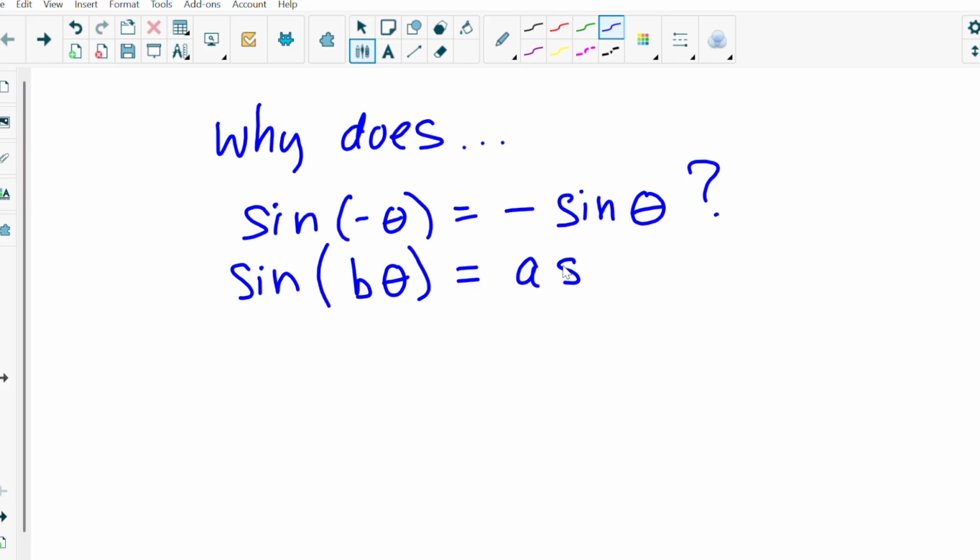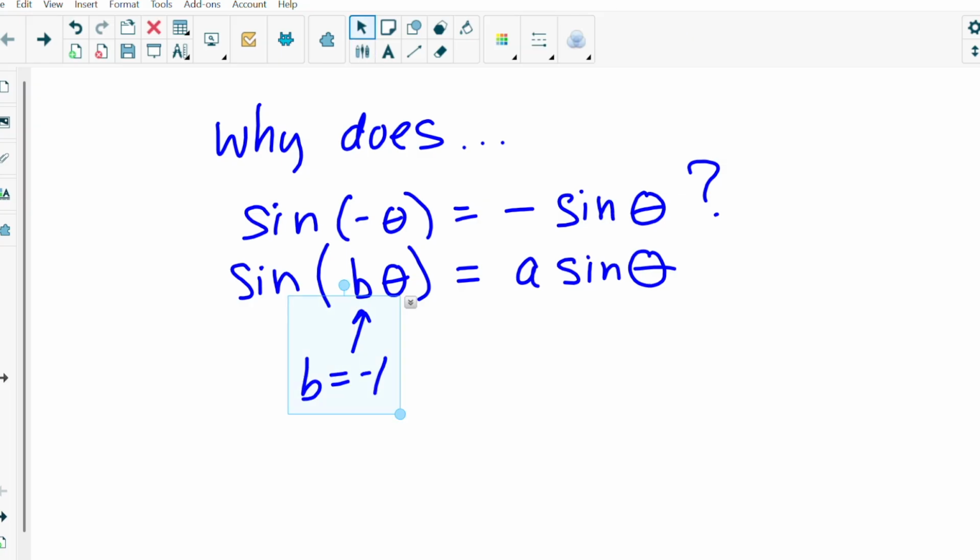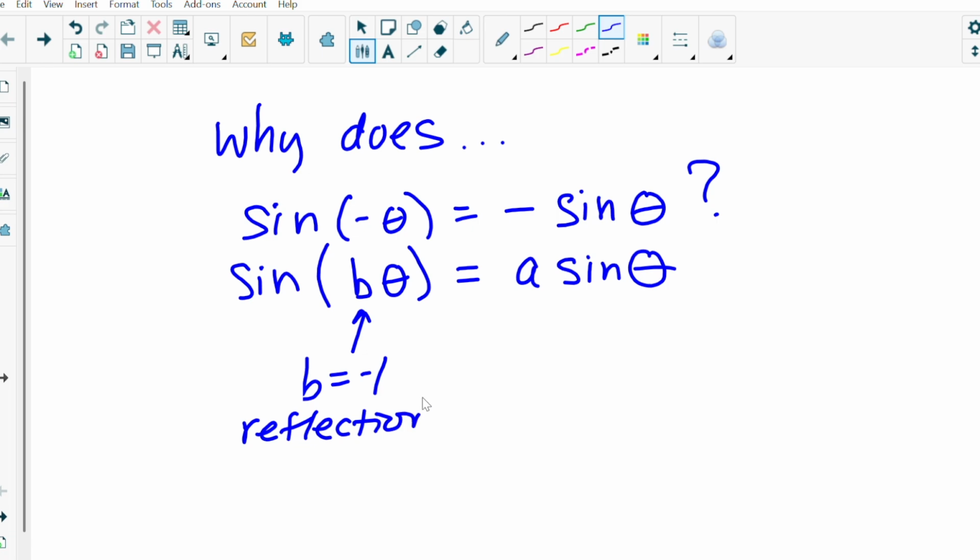And then on the right side, that's the a value. Well, what does this b value tell you? B equals negative 1 in this case. That is a reflection in the y-axis.